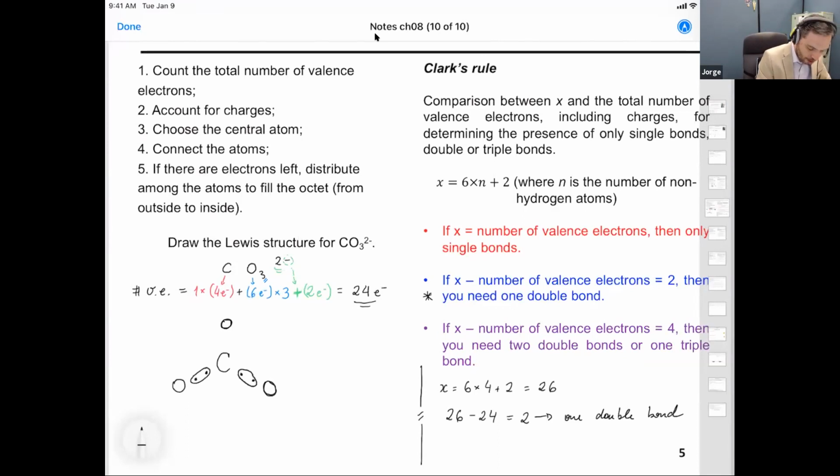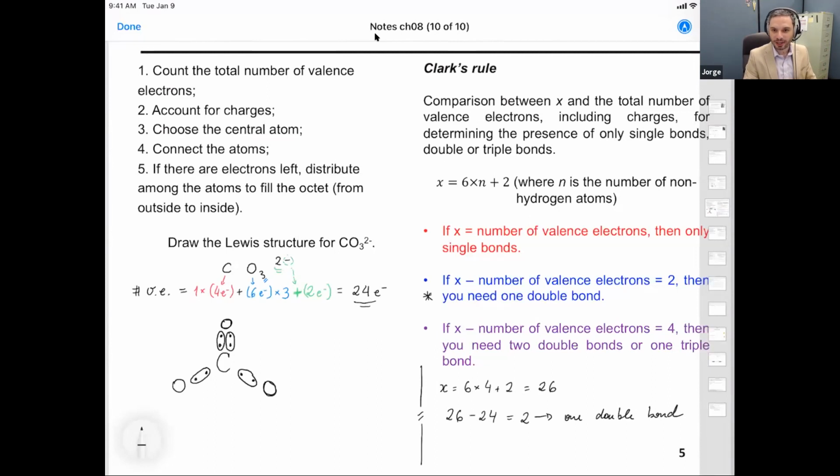And then for one of the carbon-oxygen bonds, I'm going to use a double bond. I am picking the oxygen on the top of the structure, but it doesn't matter which one you pick, okay? All of them are equivalent. That's how the Clark's rule will help you figure out if you need only single bonds, a double bond, or a triple bond.